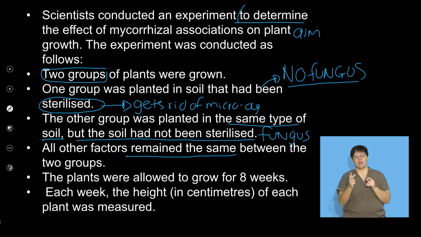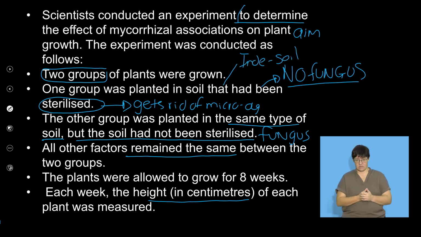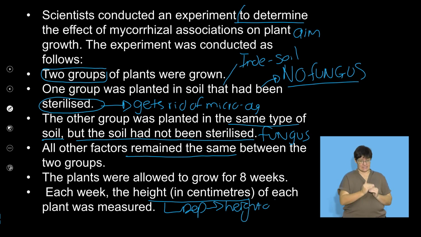Each week, the height in centimeters of the plant was measured. Okay, so what we have here, right, what is our independent variable? What did we choose? We choose the independent variable, the soil, whether it was sterilized or not. What was the dependent variable? We must start thinking along those lines. What can I not control, right, was the height of the plants.